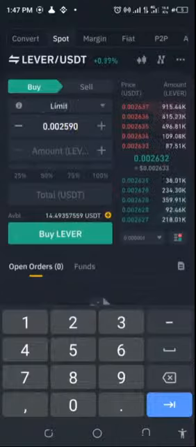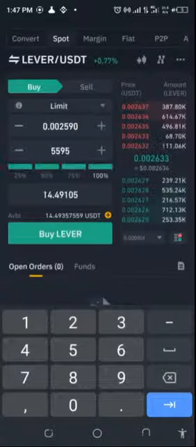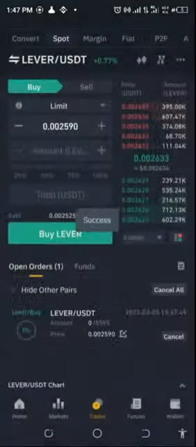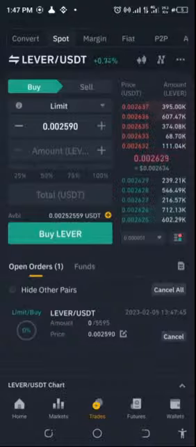We could actually do it lower than that, but we're just looking for something that's not too much at the bottom and not too much at the top, right? So I'm just going to do 100% of that, and I'll click on buy. You will see that we're in the queue right now.